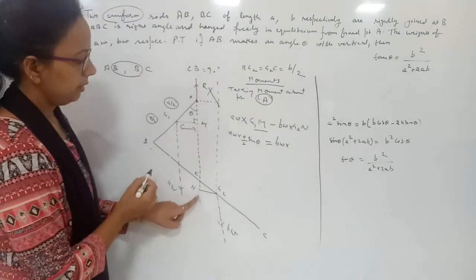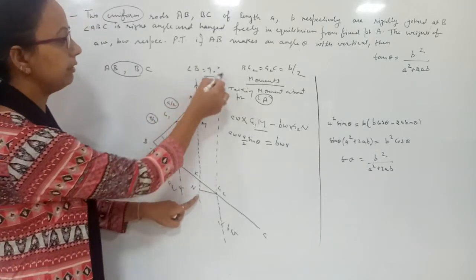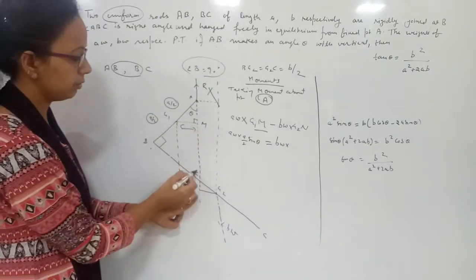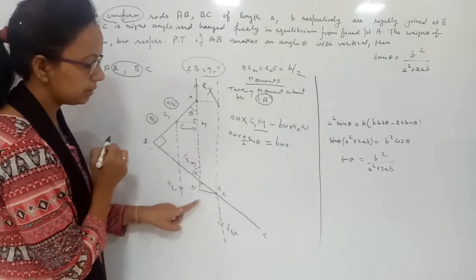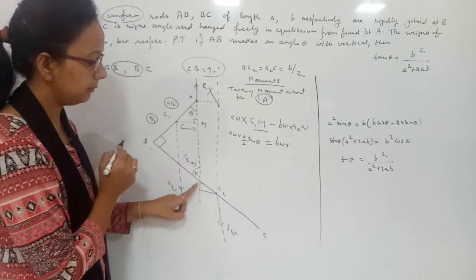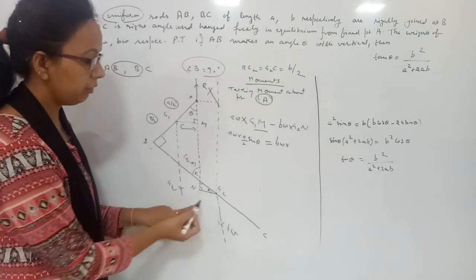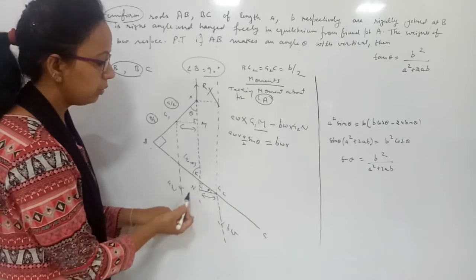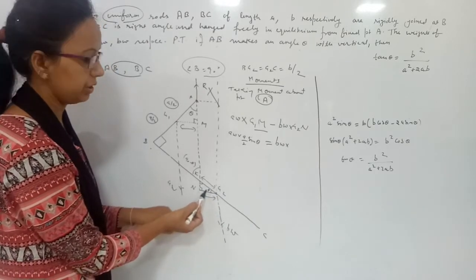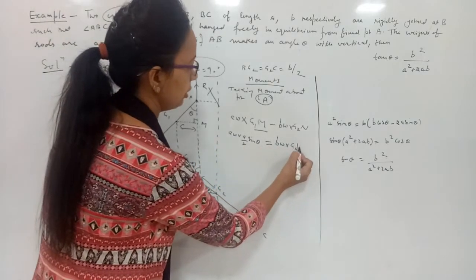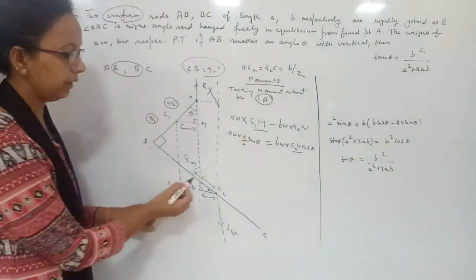See, we have this angle theta, this angle is 90 degree given, B is 90 degree, this is theta, so it will be 90 minus theta. If this is 90 minus theta, then this small angle is also 90 minus theta, and it is 90, so it is theta. So now what is G2N? G2N is G2K into cos theta.